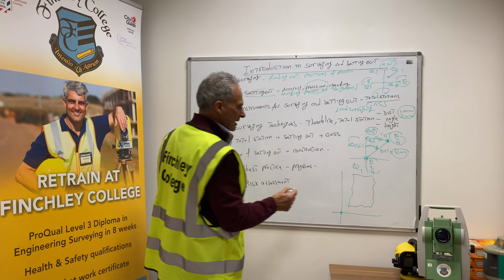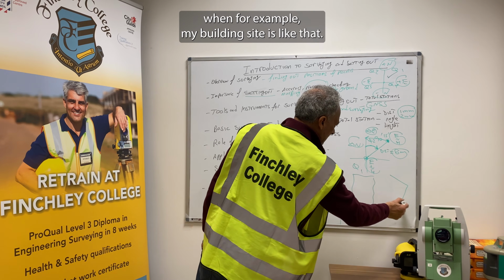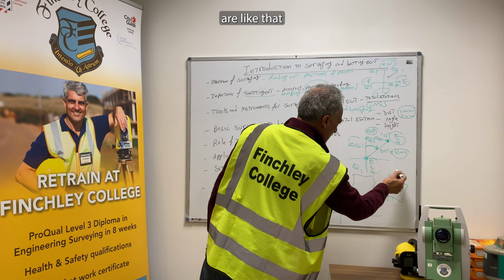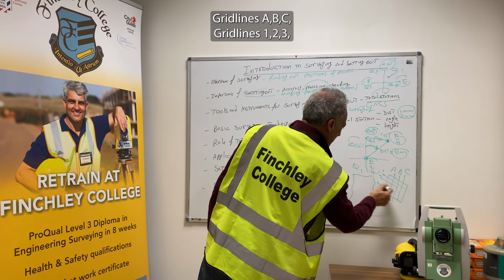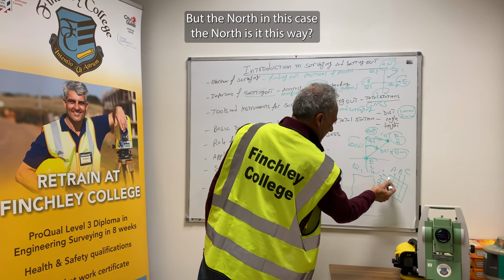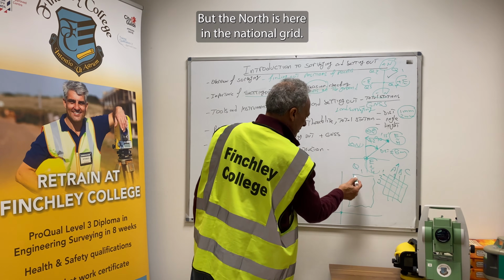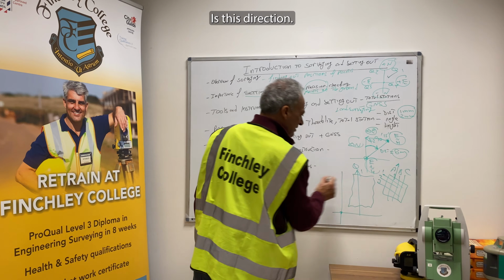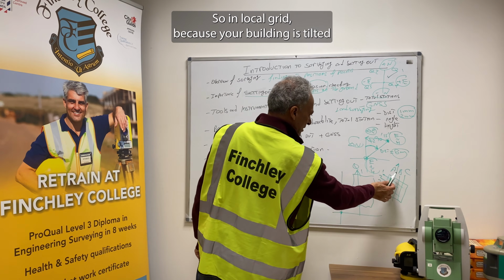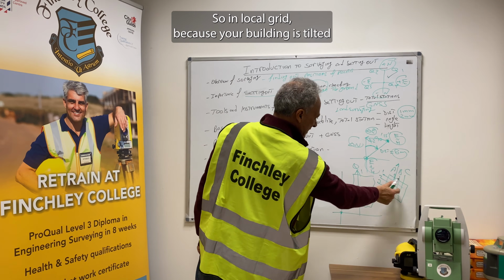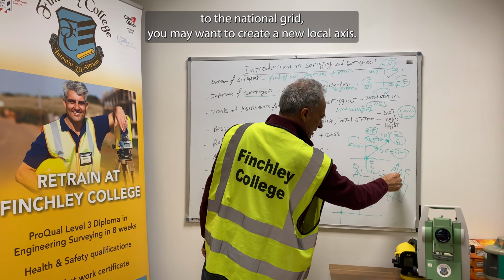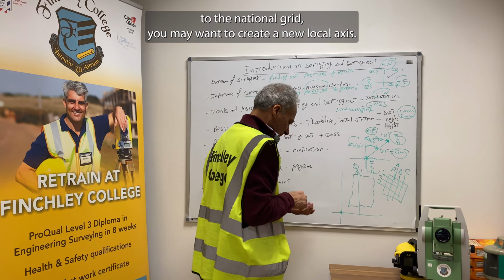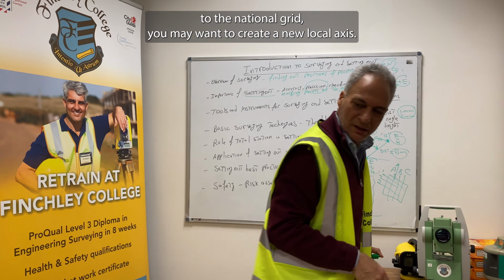A local grid, when, for example, my building site is like that, my grid lines are like that, grid line A, grid line B, C, 1, 2, 3. But the north, in this case, the north is this way, but the north in the national grid is this direction. So in local grid, because your building is tilted and is not parallel to the national grid, you might want to create a new local axis like this.